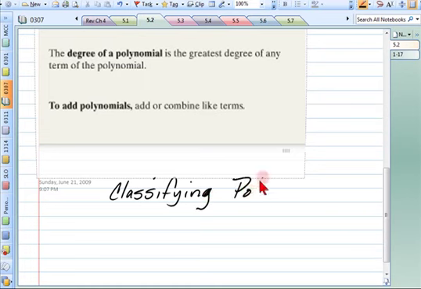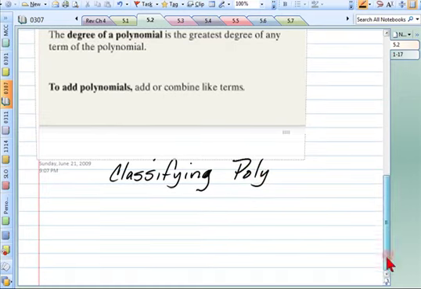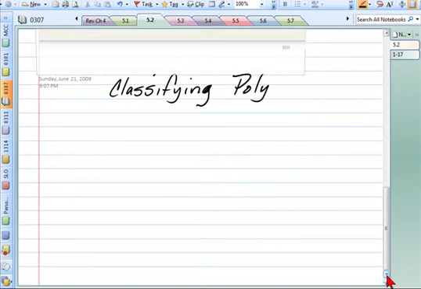Okay, classifying polynomials. And I'm going to abbreviate that as poly. All right, we classify polynomials by the number of terms they have. So if I have one term in a polynomial, we use the prefix mono. So it is a monomial.